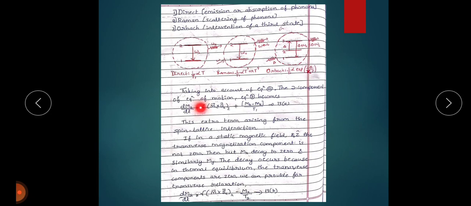The rate of change of magnetization along the z coordinate, dmz divided by dt, is equal to nu into the magnetization, vector m, cross the applied magnetic field, vector BA, taken along the z component, plus an additional term, m naught minus mz divided by T1.